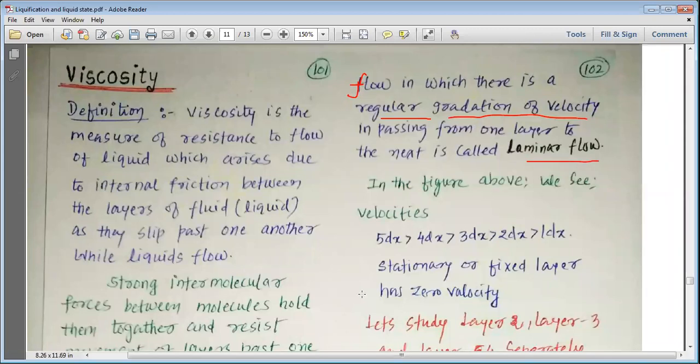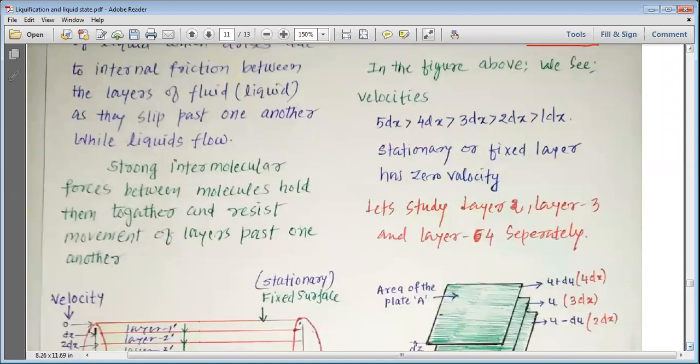So the flow that we have seen in the tube, my dear students, where each layer, when we go towards the center of the tube, the velocity increases, and that is how we get the gradation of velocity. Gradation of velocity means the difference in the velocity for the various layers. Such type of flow is known as the laminar flow.